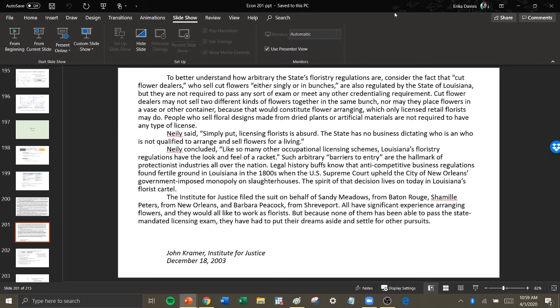Current existing florists who would like to maintain their share of the flower arranging industry have a say over whether or not new florists get to enter the industry every year. Because the existing florists are in charge of new flower arrangers and whether or not they can open businesses, consumers have fewer options.